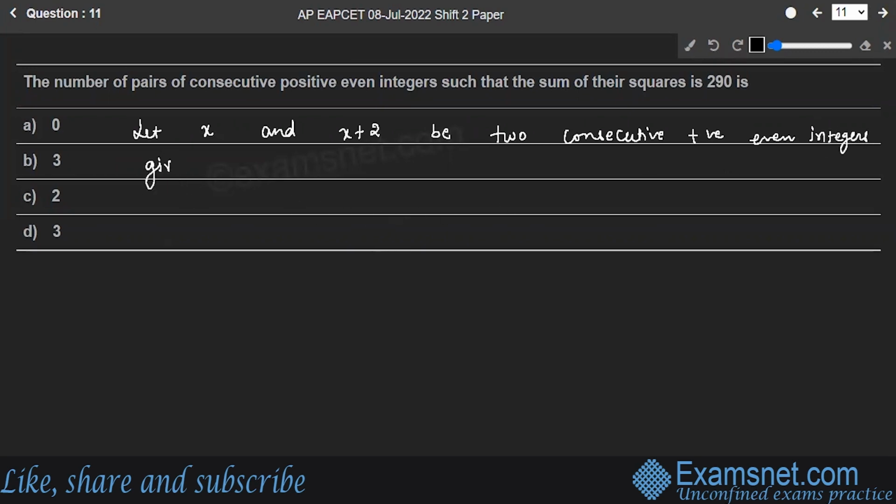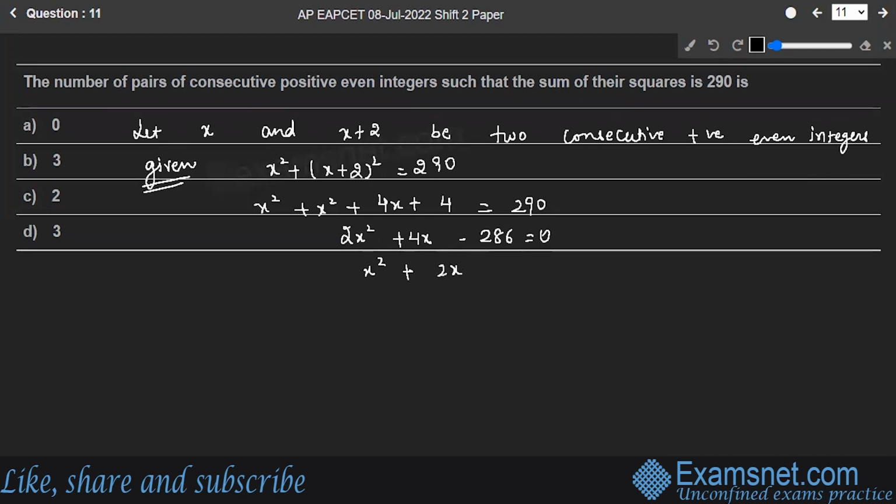Now, you are given that the sum of their squares is 290. That means x square plus x square plus 4x plus 4 is equal to 290. 2x square plus 4x minus 286 is equal to 0, or x square plus 2x minus 143 is equal to 0.